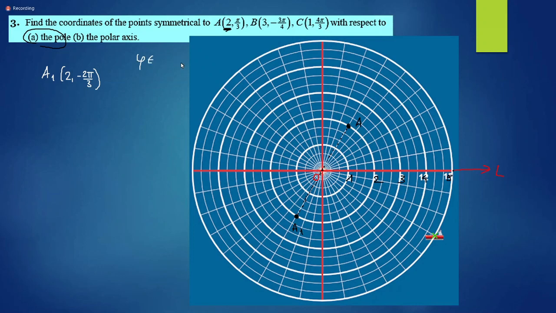And with respect to the polar axis, again, we have to think, so that would be go, symmetry, go, symmetry, go, and we would come to this point. That will be A2. And so A2 would have, again, the distance exactly the same.